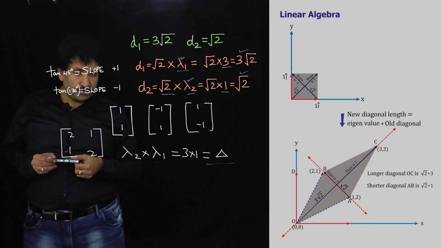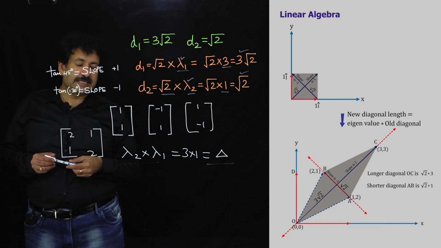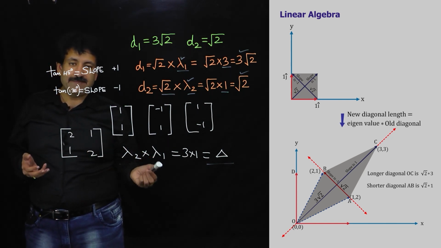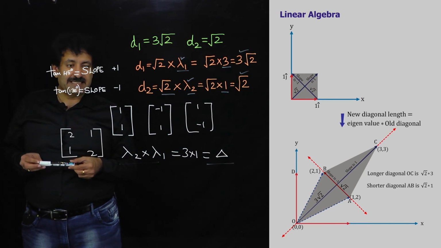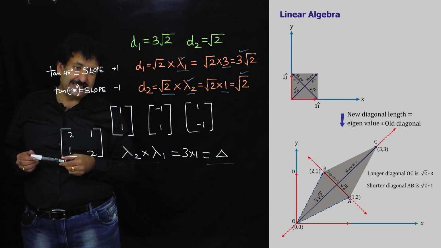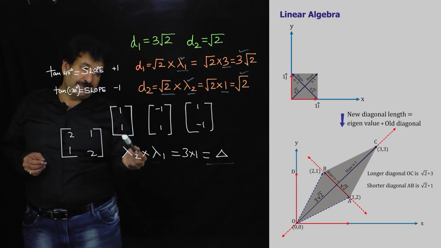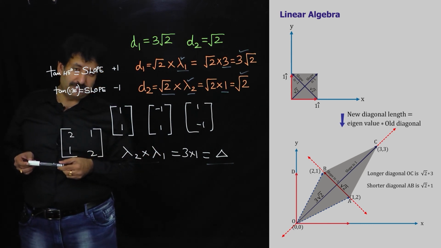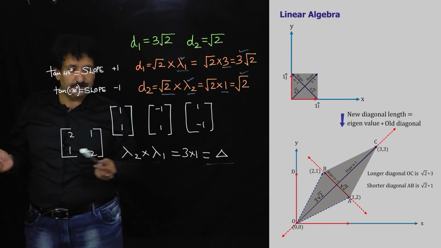They are orthogonal to each other, and of course if they are orthogonal to each other, naturally they have to be linearly independent, and that fact is also established. And since they are linearly independent, if you construct a matrix with these two as columns, then their determinant is also non-zero.